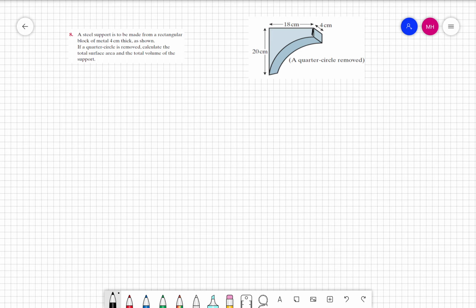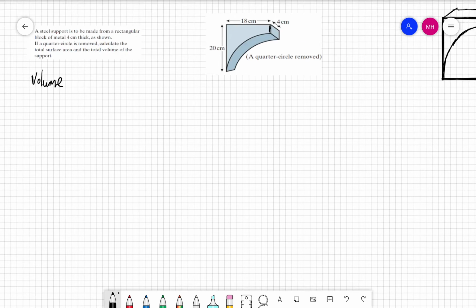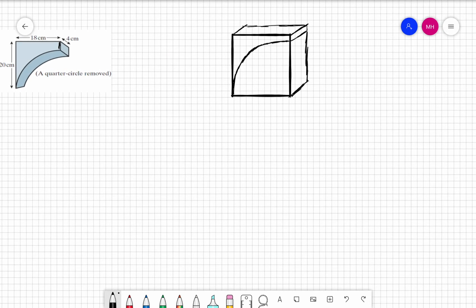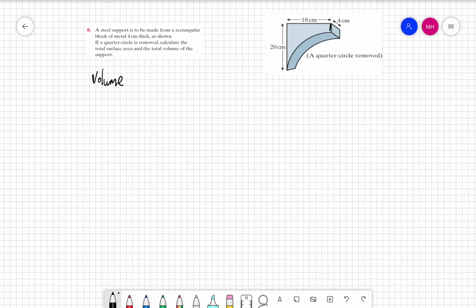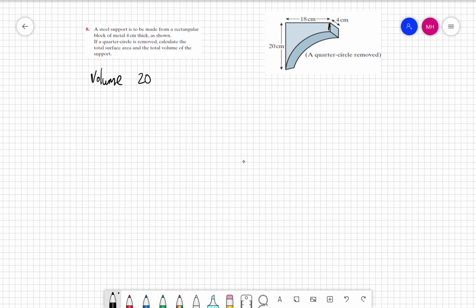So the volume is the easier one to go about doing first, so we'll do that first. Volume is going to be the volume of our rectangle, which I've just drawn over there. The rectangular block is going to be 20 by 18 by 4, and it's going to be that minus the volume of a quarter cylinder.